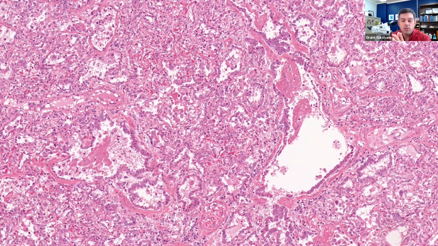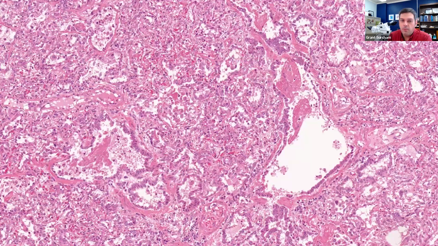It's how we exchange oxygen, how our red blood cells can pick up oxygen from the air. And here, those air sac walls are really thick and lined by really plump-looking cells. There's also cells in the center of these air sacs. And so you can imagine that there wasn't very efficient air exchange or oxygen exchange occurring at this interface.